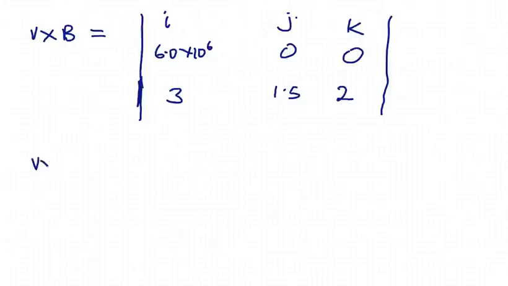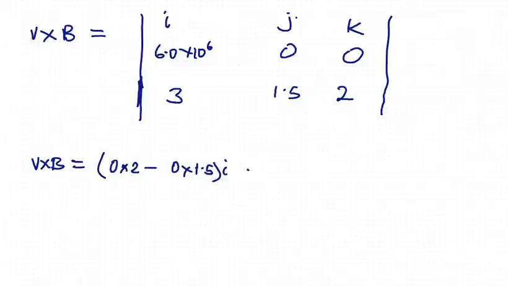So v cross B will be equal to this: 0 multiplied by 2 minus 0 multiplied by 1.5, i, minus j into 6.0 times 10 to the power 6 multiplied by 2 minus 0 multiplied by 3.